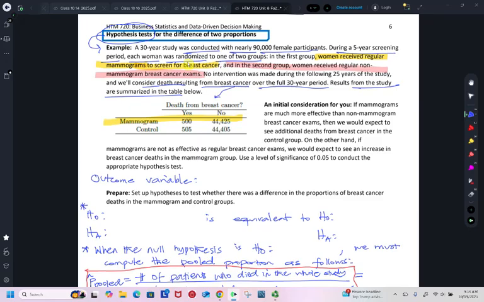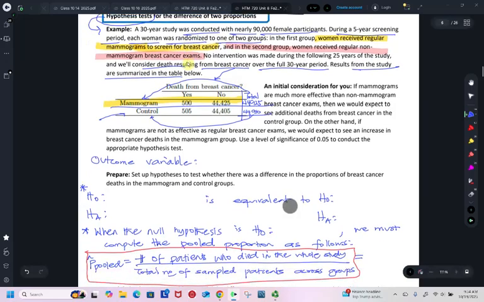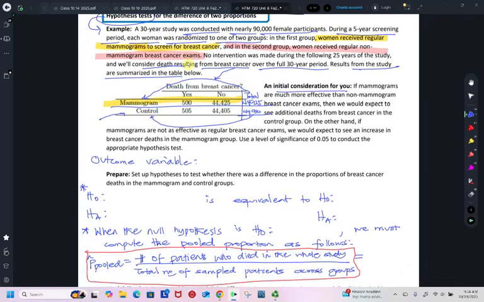So in this table, what we have is that a total of 44,925 received mammogram tests, whereas a total of 44,910 received non-mammogram tests. And so they are classified as being in the non-mammogram group. So here's an initial consideration for you.